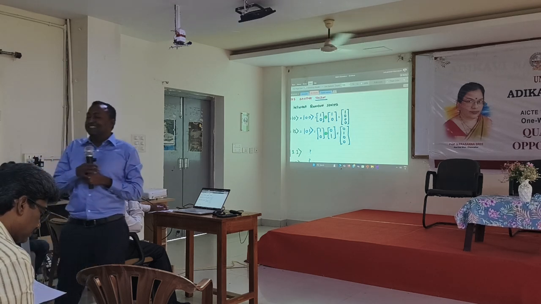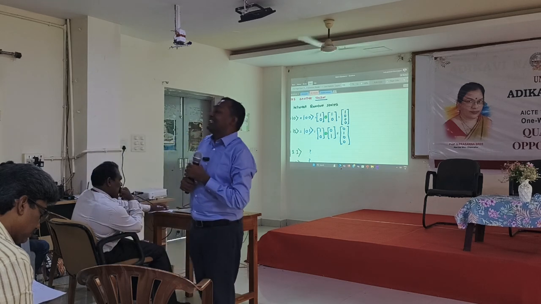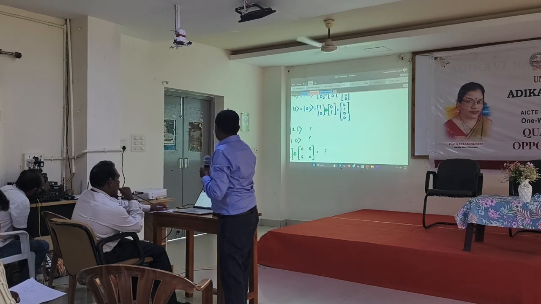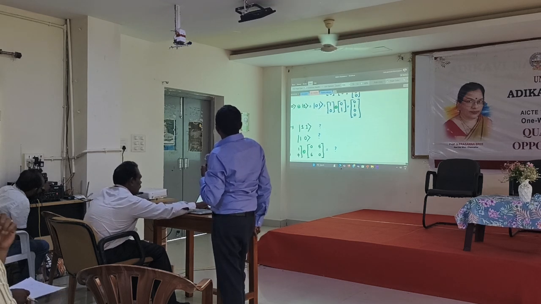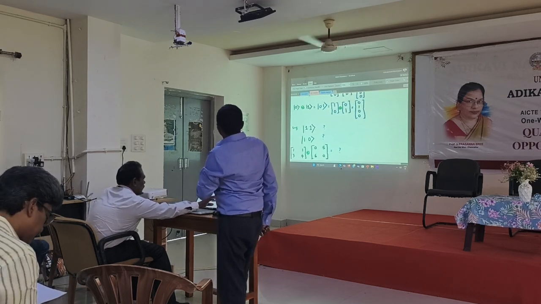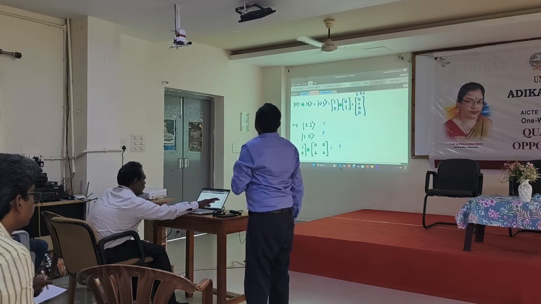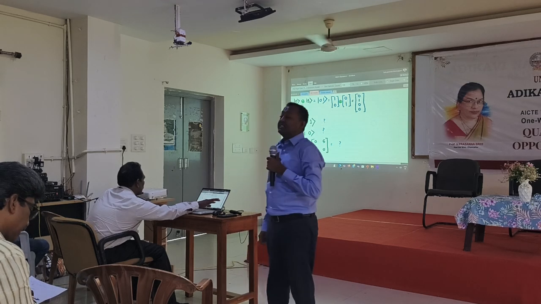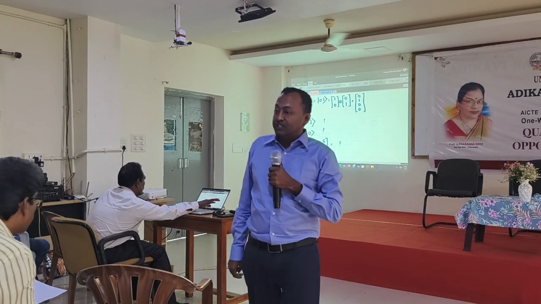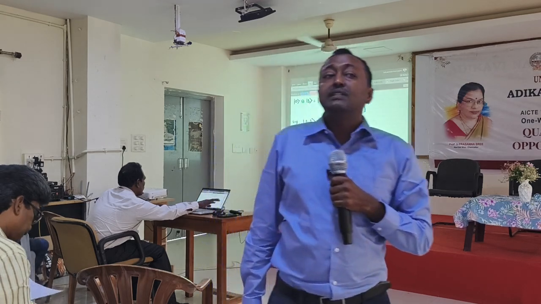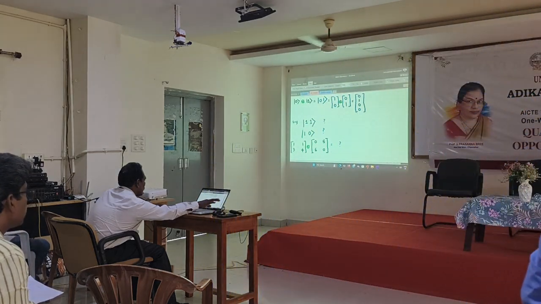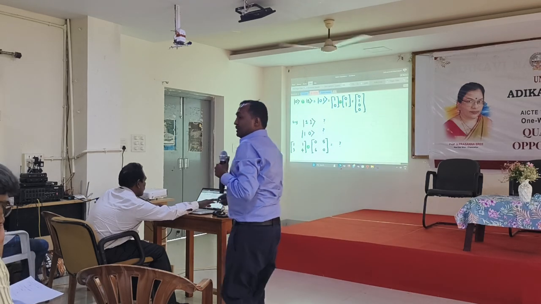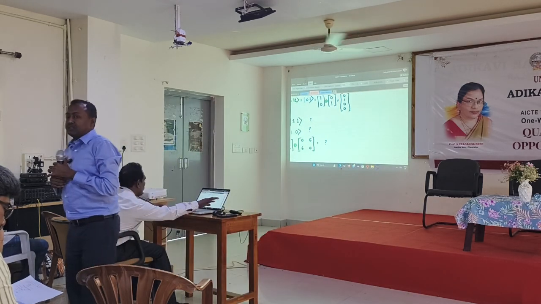And try 1 0. We already have 0 1. What is 1 0? 0 0 1 0 is what? 1 0. Right. So what is it? The product of quantum states 1 1 is 0 0 1. Is it right?